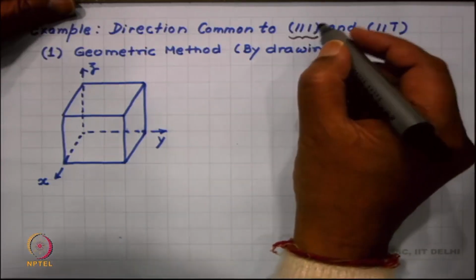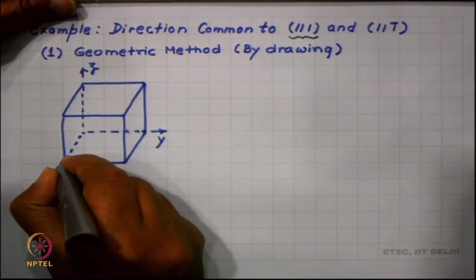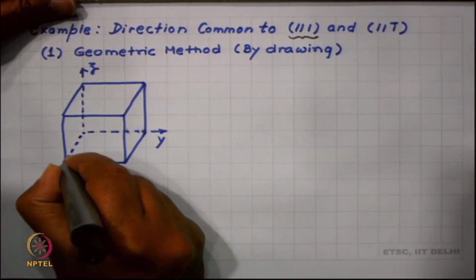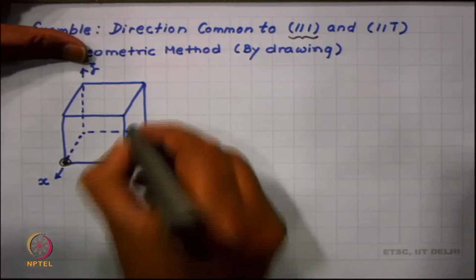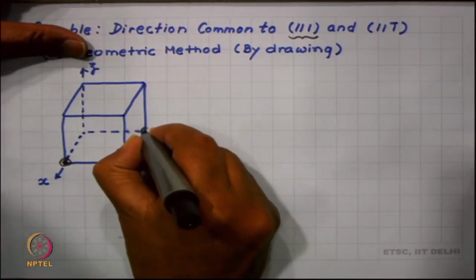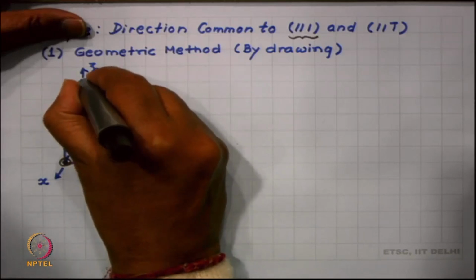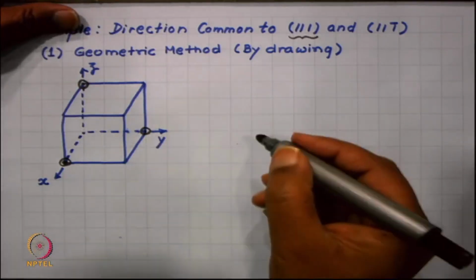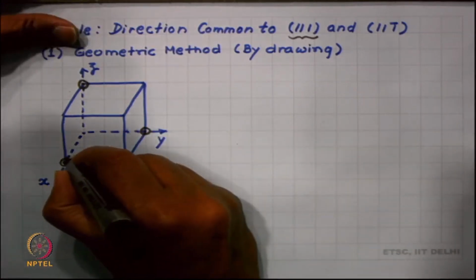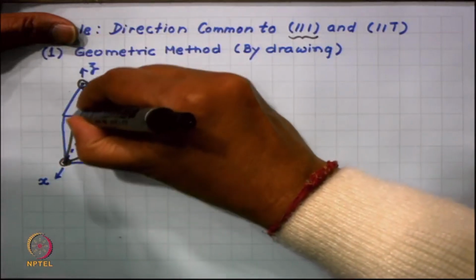So, this plane intersects the x axis at 1, and 1 means equal to the unit cell edge length. So, at the x axis it intersects here, at the y axis it intersects there, and at the z axis it intersects there. So, we get these 3 points, and if I join these 3 points I get my plane.